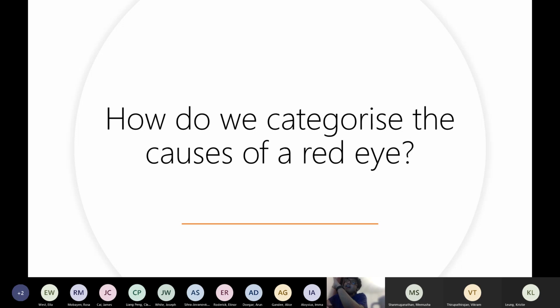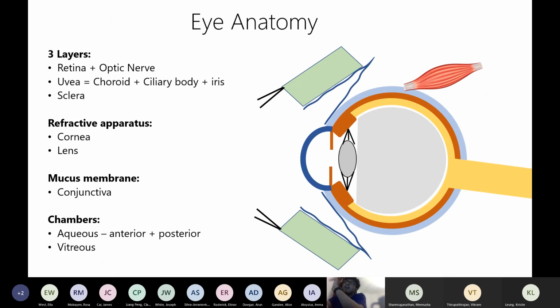Unlike a lot of things, I think the anatomy of the eye is super useful in understanding how things work. So here's the basic anatomy of the eye. You have 3 layers. You have the retina and the optic nerve, which is the neurological component of the eye, followed by the vascular and muscular component, which is the choroid, ciliary body, and iris, and together these are called the uvea.